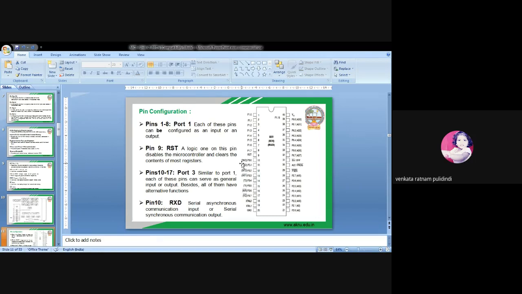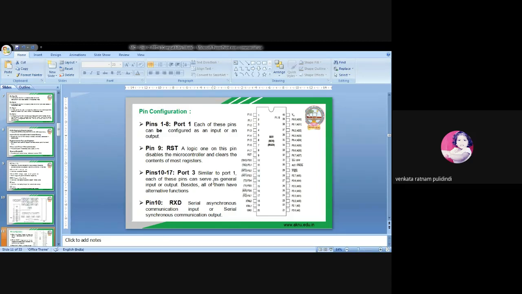This is an input line. It receives the data from the serial communication device. So the 10th pin is used as a port 3 pin, as well as sometimes as RxD.